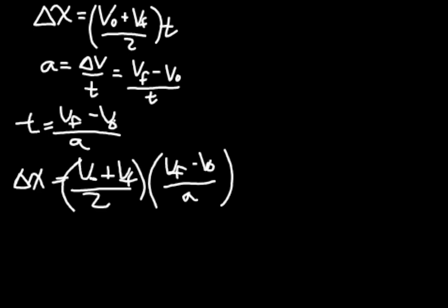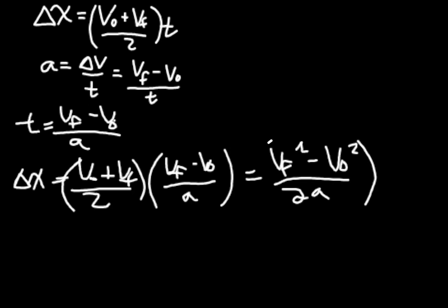So what we can do now is distribute in the numerator and multiply in the denominator, and you will get that this equals our final velocity squared minus initial velocity squared divided by 2a. So let's multiply both sides of the equation by 2a.